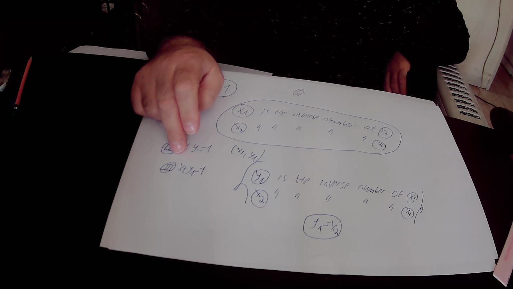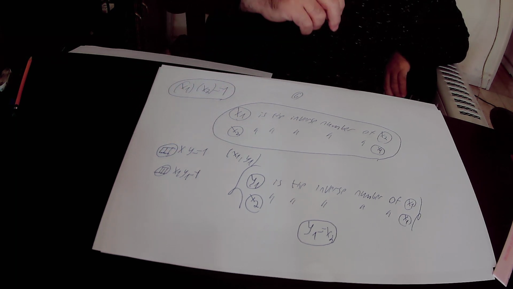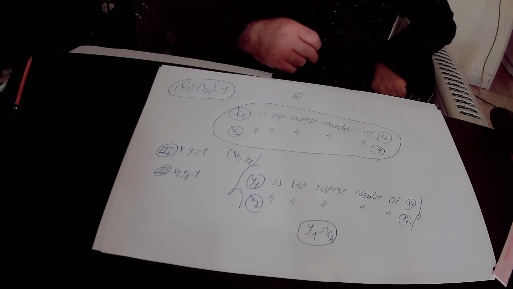What does it mean? It means that y1 is the inverse number of x1. But we have already found that x2 is the inverse number of x1. So we have two inverse numbers for x1.